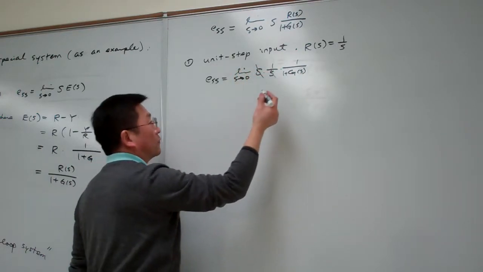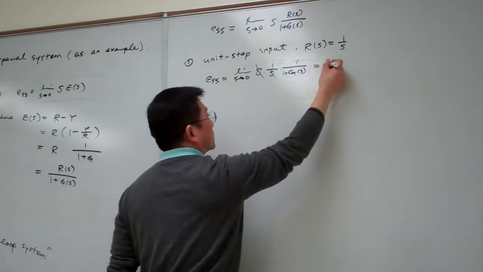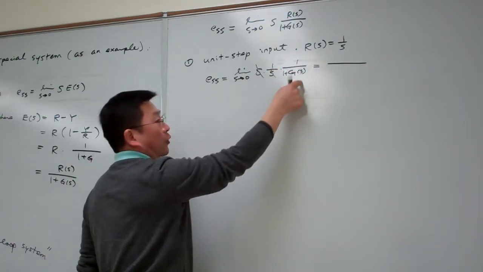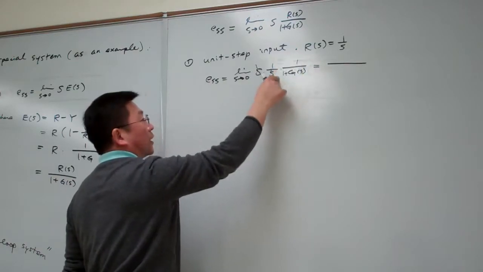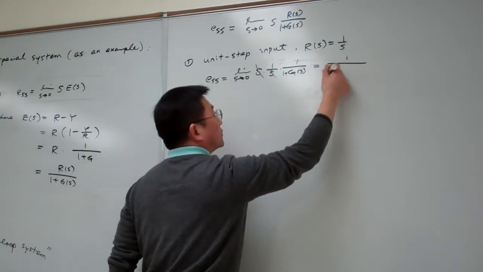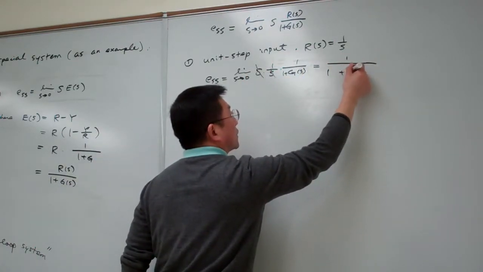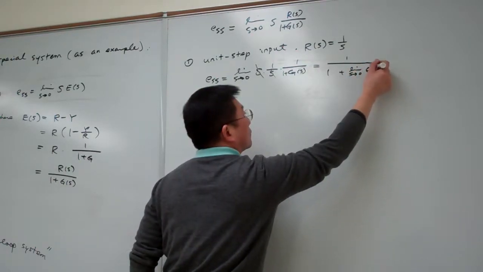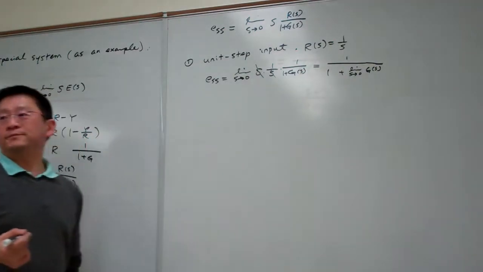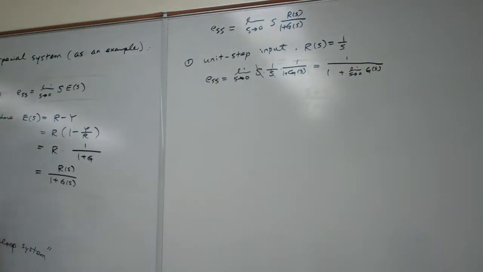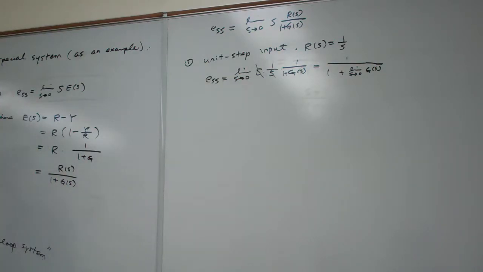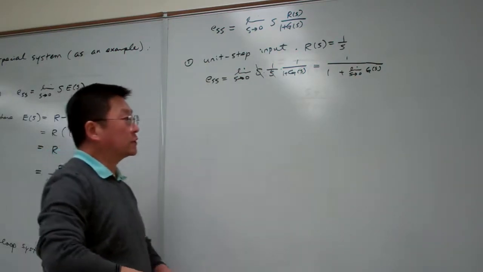So from here, this is equal to the limit as s goes to 0 applied onto the whole term, and the constant term won't be affected. So let me put the limit in here.